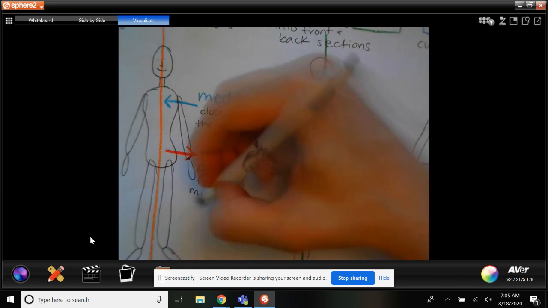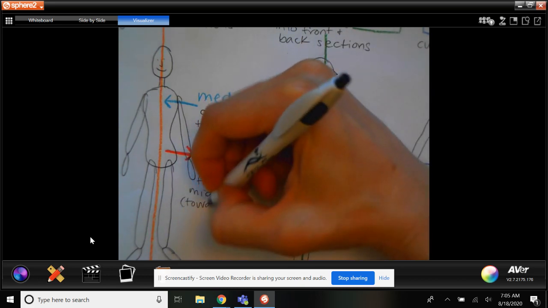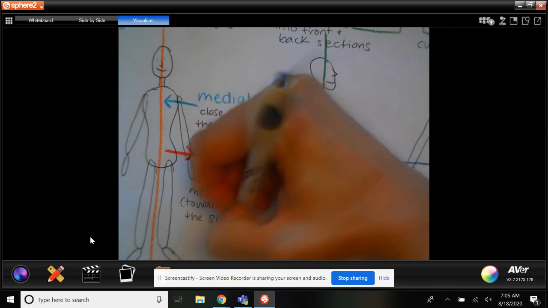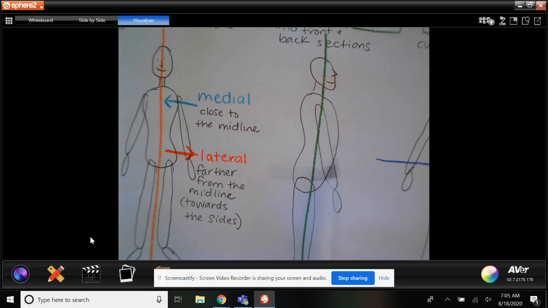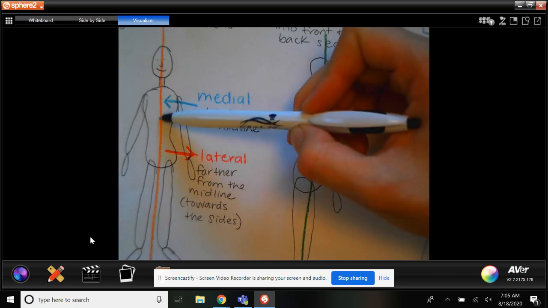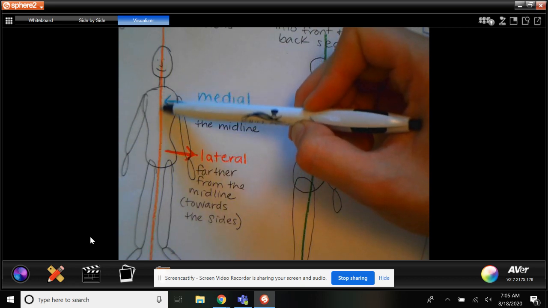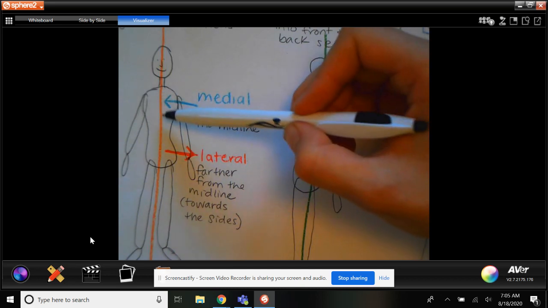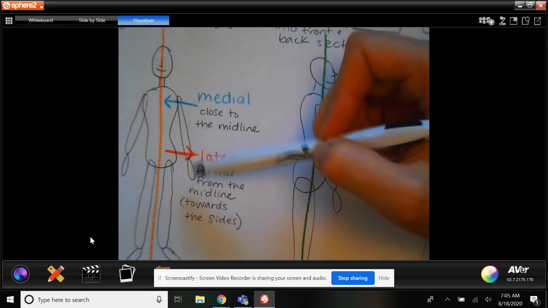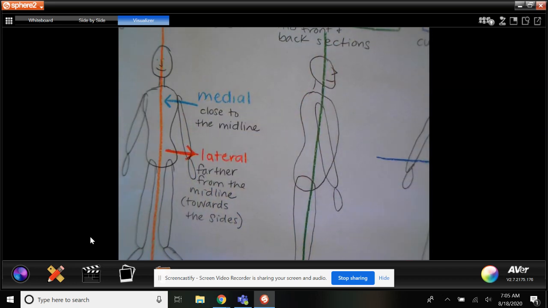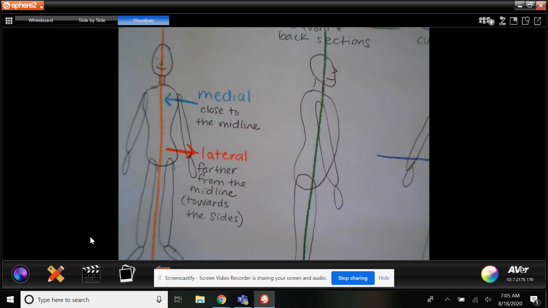Another way to think of that is that it's like towards the sides of the body. So if the center of your rib cage, there's like a bone right here, if that bone is medial, then the rest of the ribs and the shoulder and the arm would all be lateral. They're farther away from the midline or towards the sides of the body.